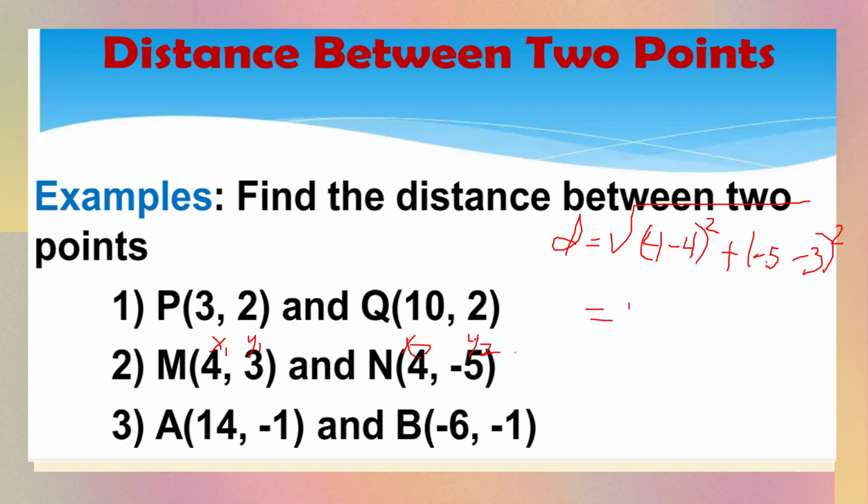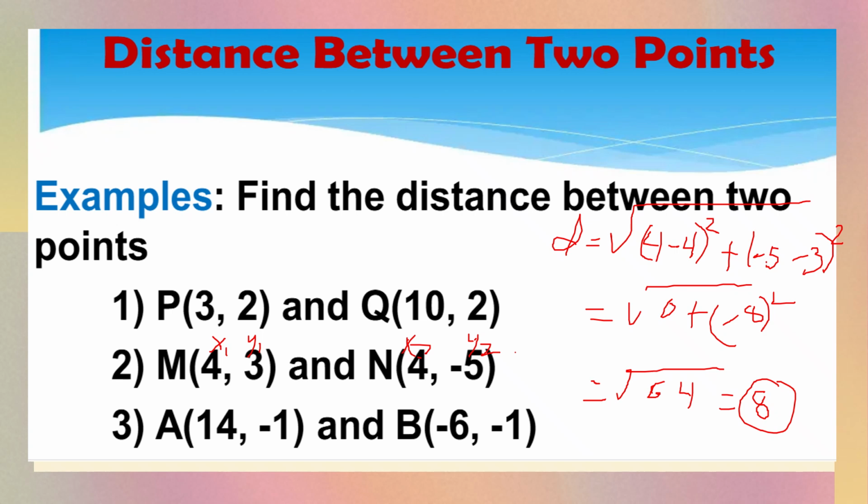So we got the square root of 0 plus negative 5 minus 3, which is negative 8 squared. So that is the square root of 64, because negative 8 times negative 8 is 64, or the distance is 8 units. Okay, so that's it. You can continue on the next example.